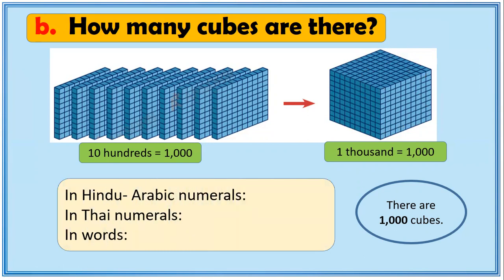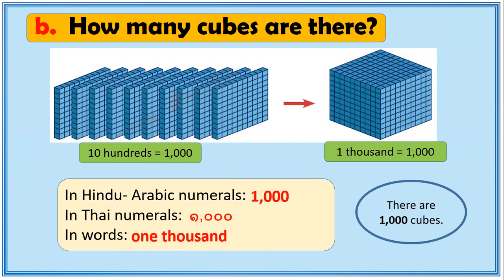Again, we write 1,000 in Hindu-Arabic numerals as this, and in Thai numerals, it is written as this. In words, it is written as ONE THOUSAND, thousand, 1,000. Okay, can you follow?